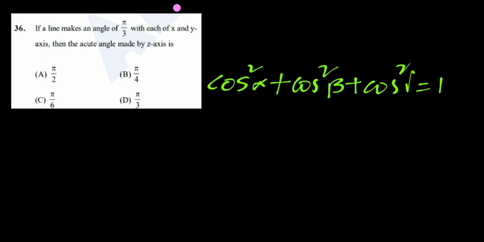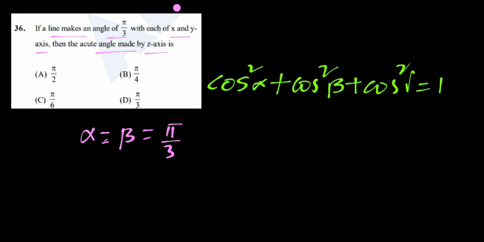Next, problem number 36. If a line makes an angle pi by 3 with the x-axis and y-axis, x-axis angle and y-axis angle both same, so I'll take alpha is equal to beta is equal to pi by 3. Then the acute angle made by the z-axis, how much?